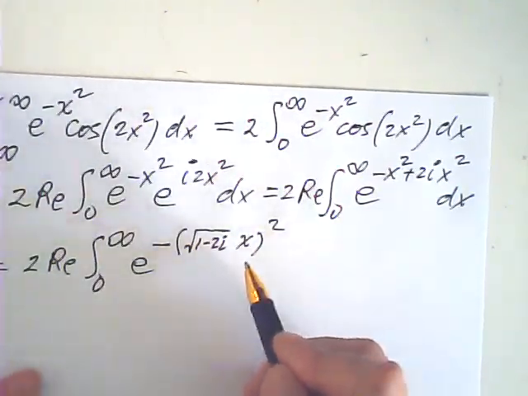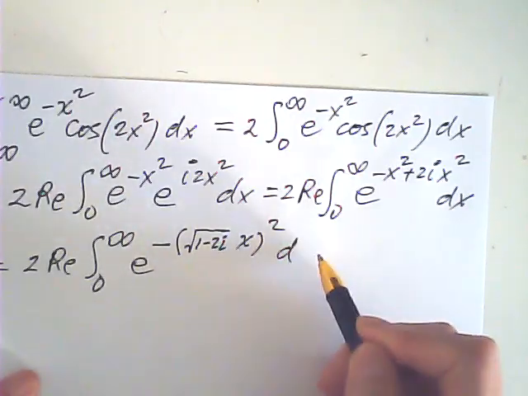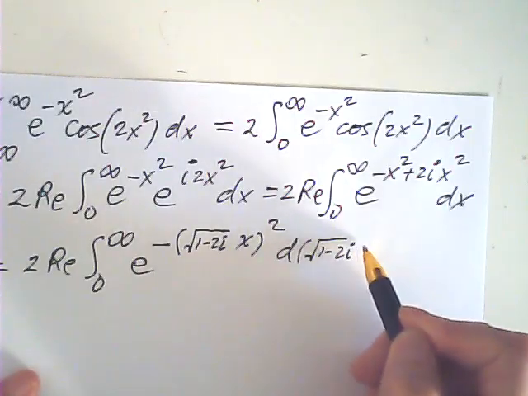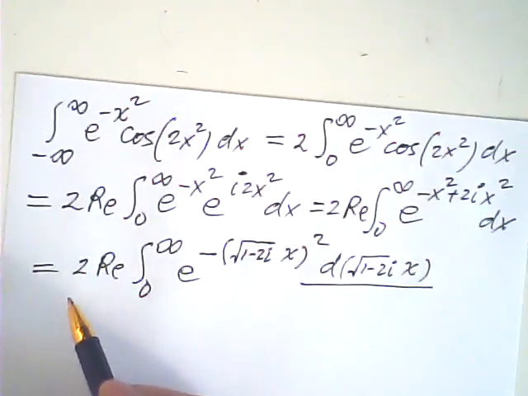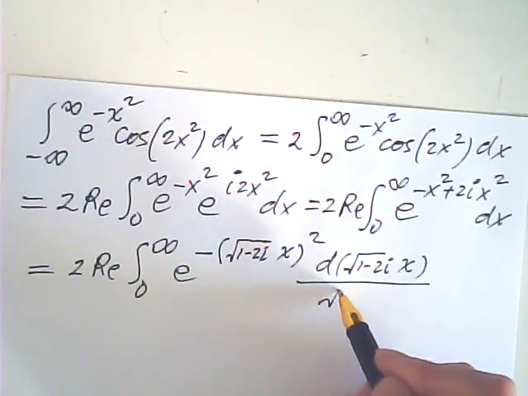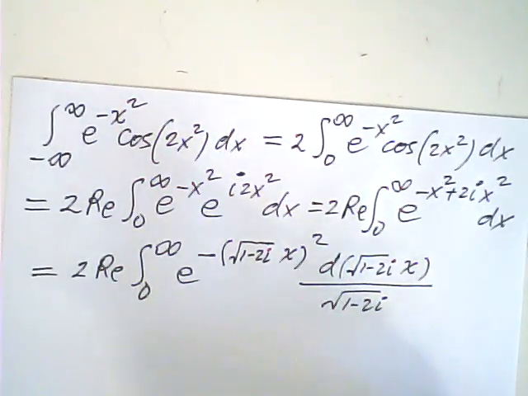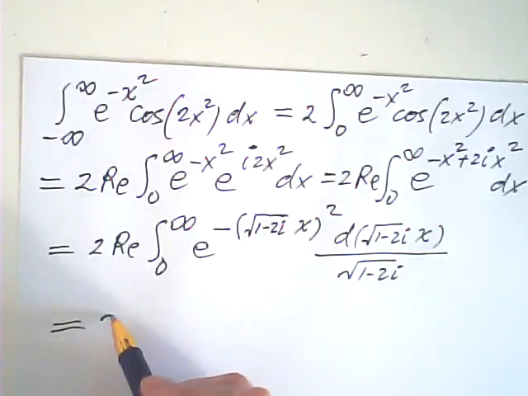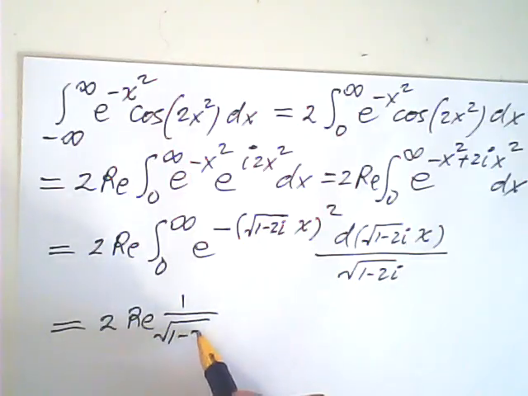Then my dx has to be changed into this square root of 1 minus 2i times x. To maintain the equal sign, I must divide by this. So then it's equal. So this becomes, taking out 2, the real part of 1 over 1 minus 2i.